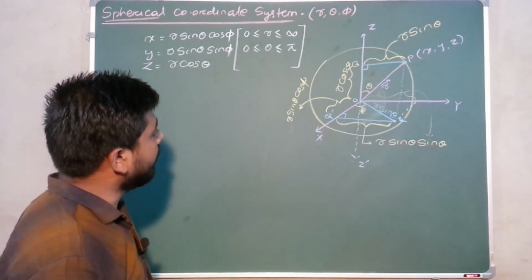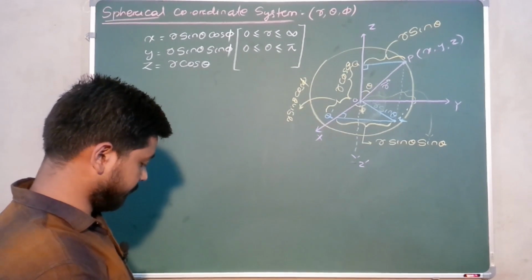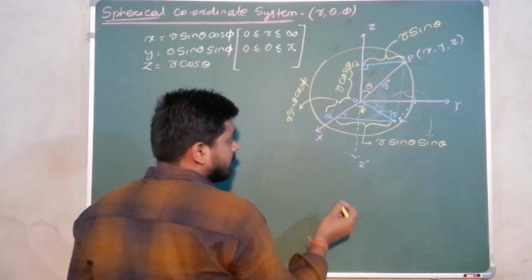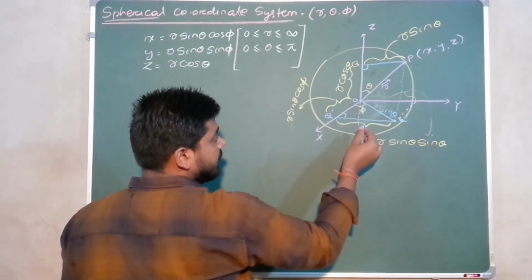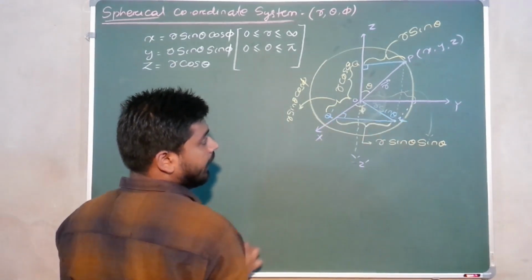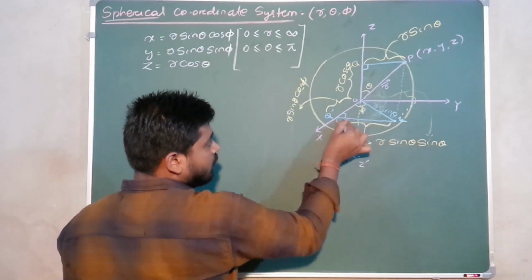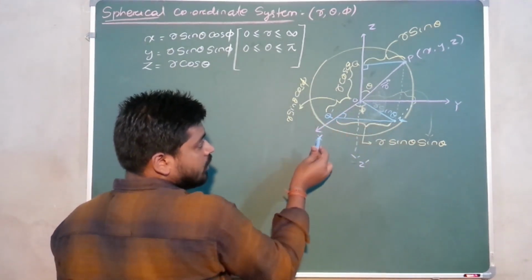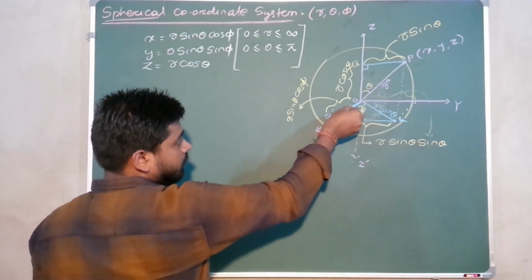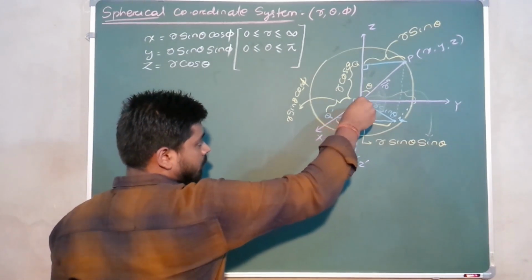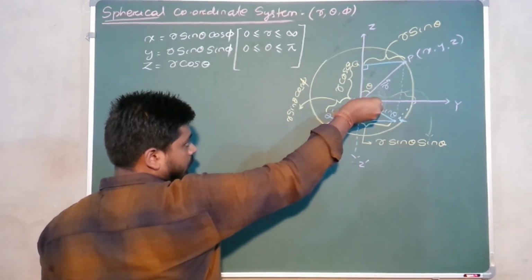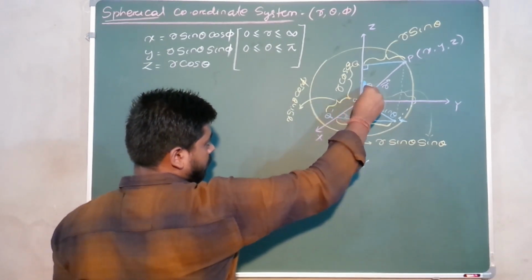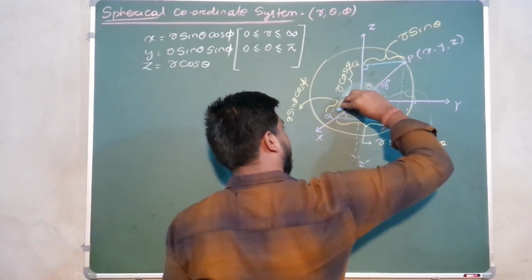Then we have phi. Just see phi. This is the phi angle. This angle is phi. Which angle is phi? Q prime O L. Yes or no? If the L point is on Q prime, then phi is 0. That is, phi starts from here, moving just like this, and ends here.